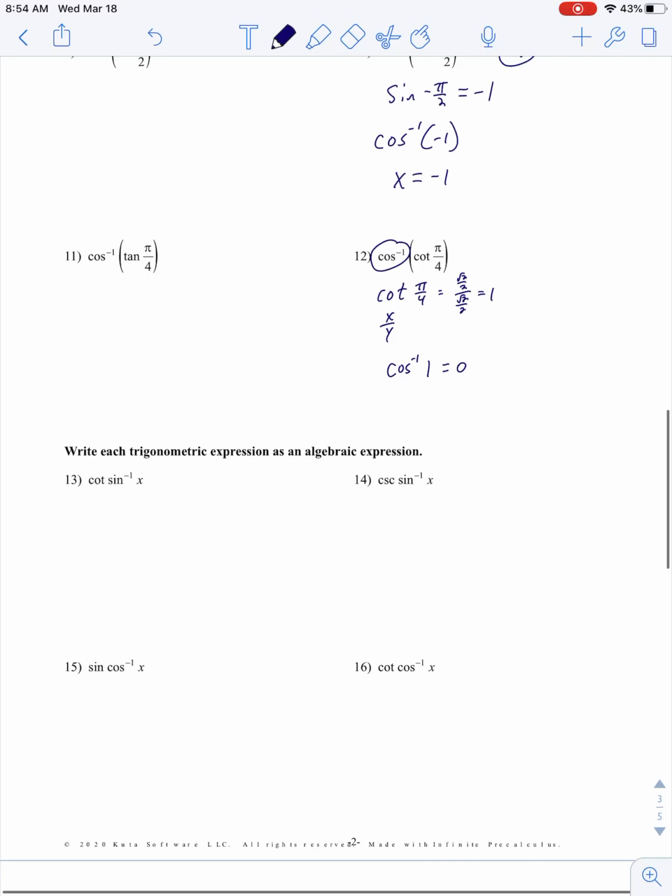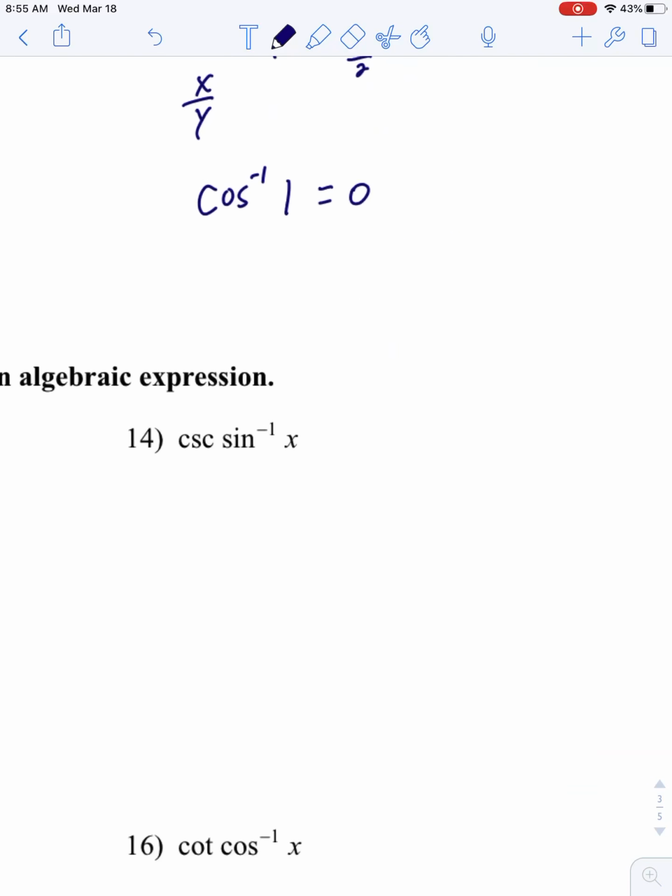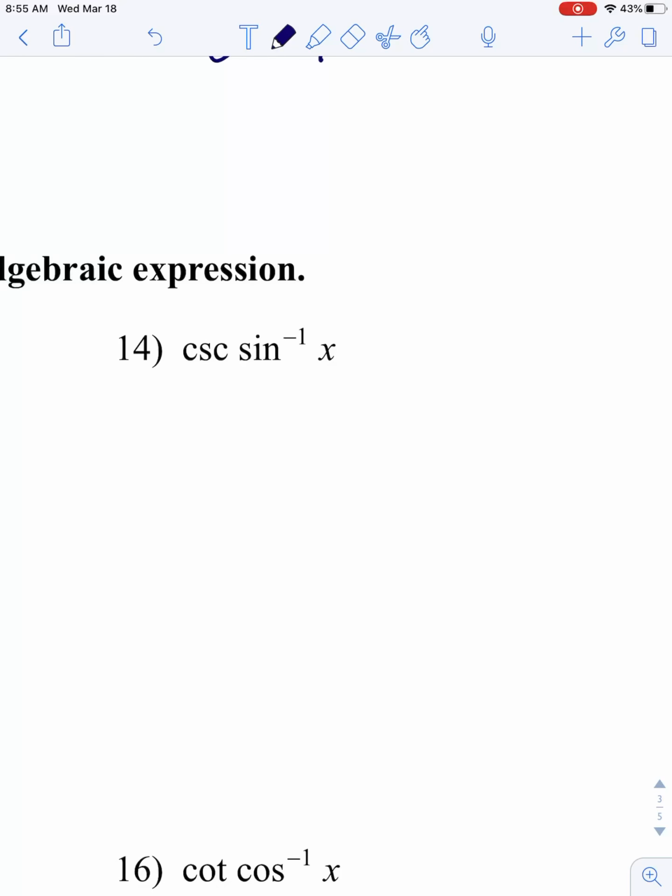Finally, we get to the last section here. We're doing a trig function of an inverse trig function. So this is very much like 1 through 4. We're going to draw triangles, but we get to deal with x instead of actual numbers. So draw a right triangle. Pretend that's a right triangle. Good enough. Sine is opposite over hypotenuse. So x, think of as x over 1.